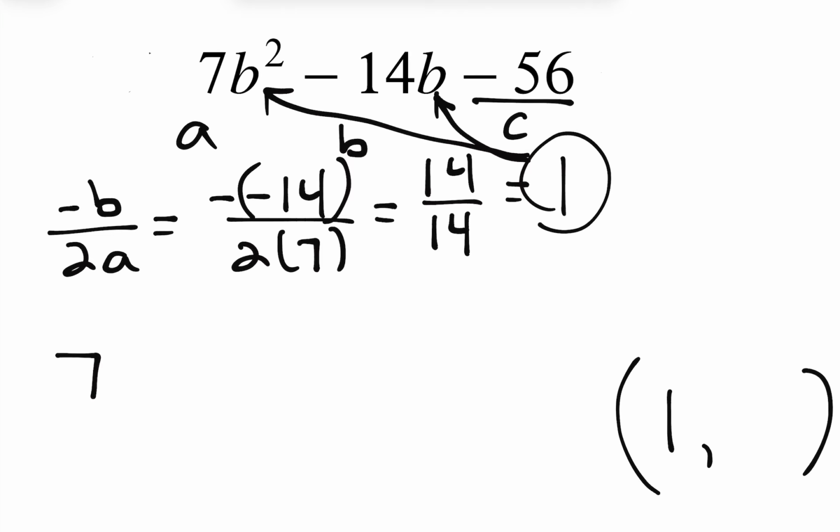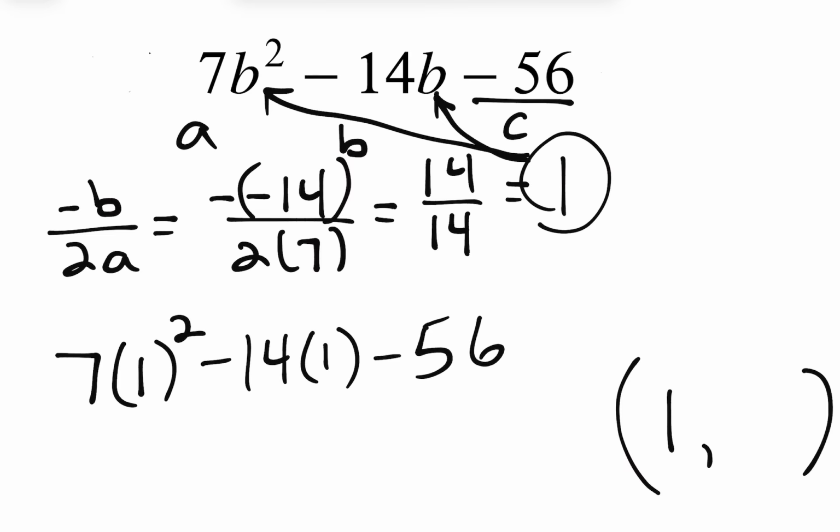So we get 7 times, not b, but 1 squared minus 14 times 1 minus 56. So 1 squared is just 1, so 7 times 1 is 7, minus 14 minus 56.